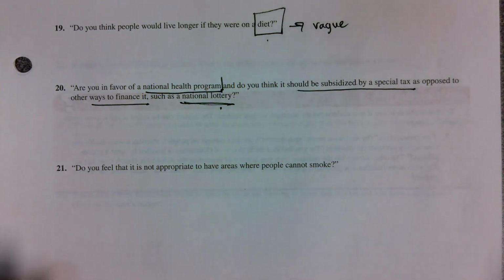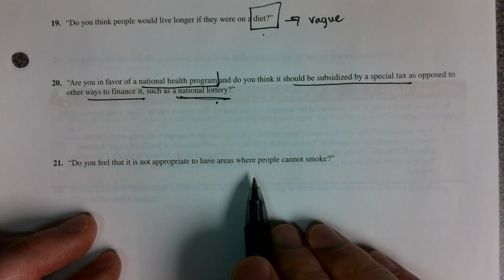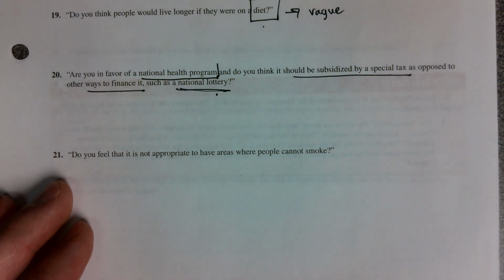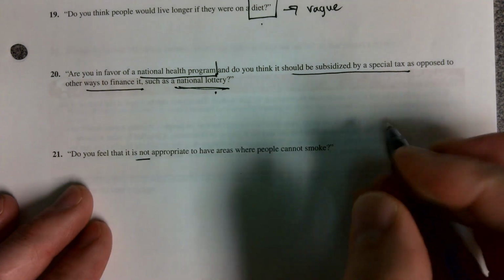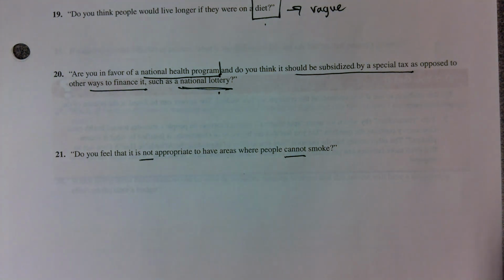How's that go? And then finally, do you feel that it is not appropriate to have areas where people cannot smoke? Okay, double negative, right? That's a little confusing. I think we're talking about banned smoking areas. So should we stop making it like banned smoking areas?